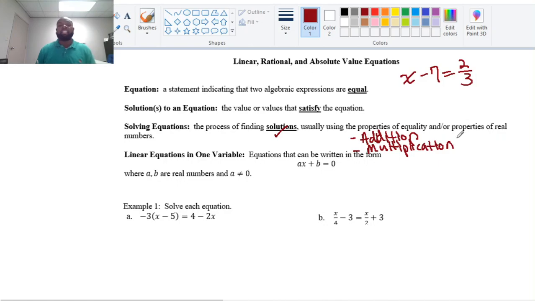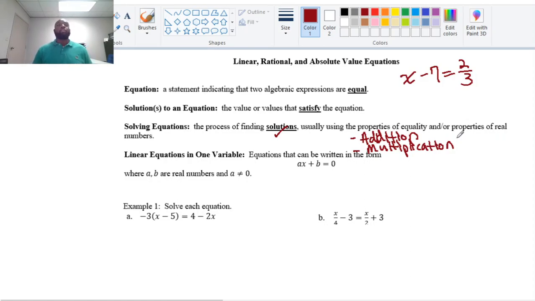That basically says you can add the same thing to both sides and you will still have an equivalent equation. And you can multiply both sides by the exact same number, except zero. We don't like to multiply both sides of an equation by zero. But if you multiply both sides by the same nonzero number, you'll have an equivalent equation in the next step.